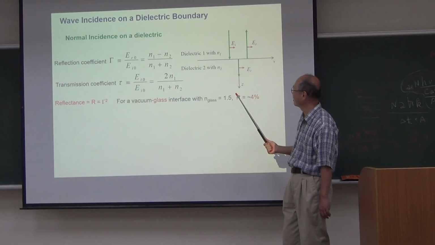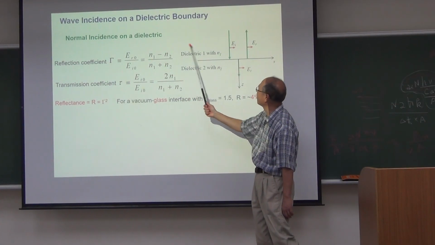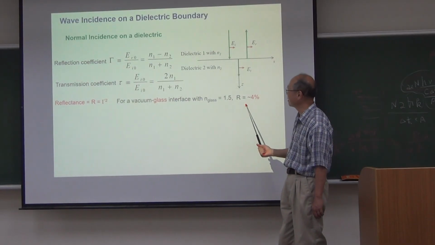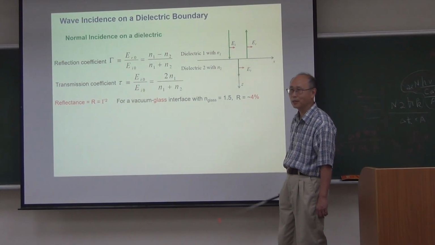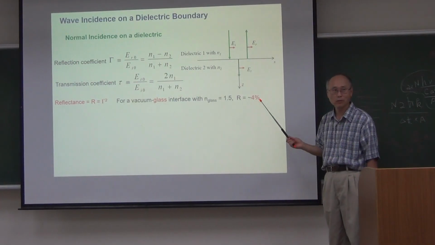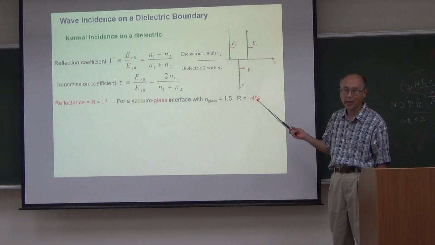If you put 1.5 into this calculation and set N1 to be air, equal to 1, then you get reflectance of roughly 4%. This is a number you want to remember, because we use glass as an optical material.